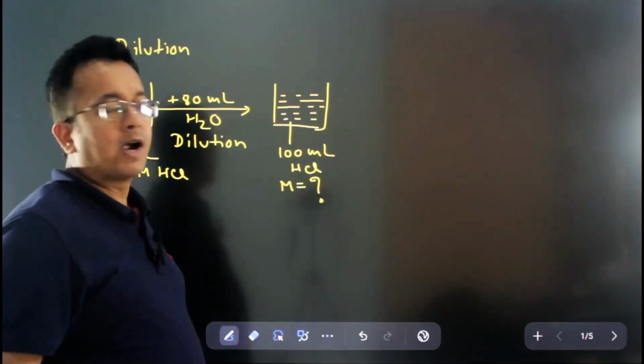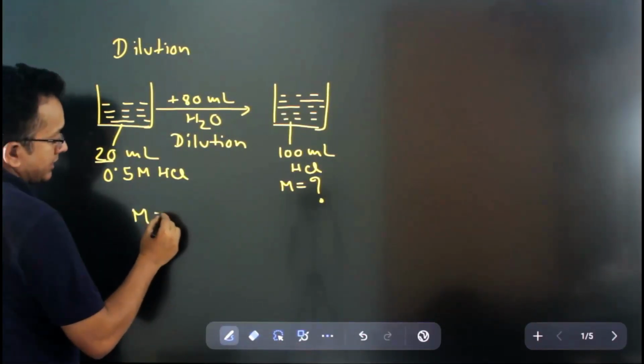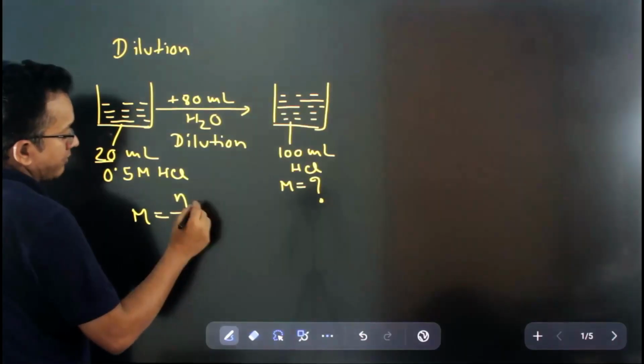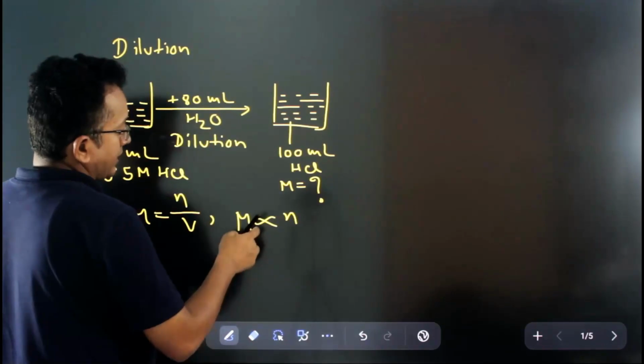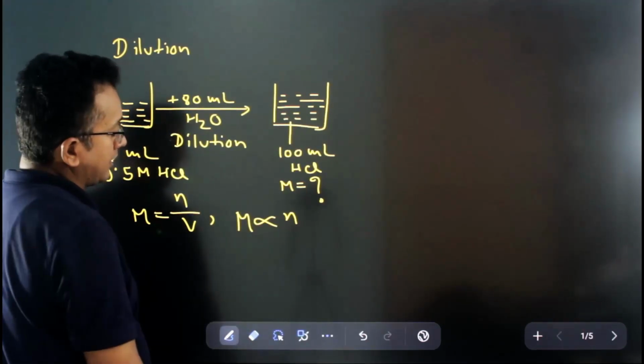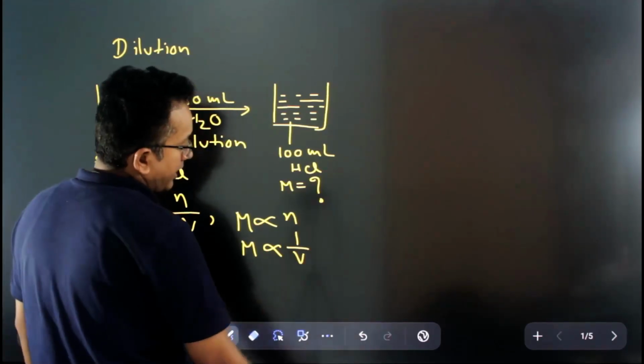Now why does molarity change with respect to volume? We know that molarity is the number of moles divided by volume. It means that molarity is directly proportional to the number of moles and inversely proportional to the volume.